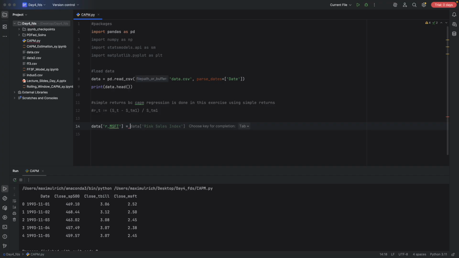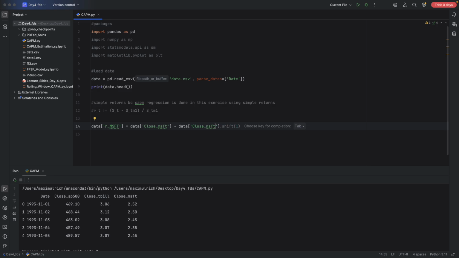Okay, and what is that? Now I'm simply calling elements in that existing table. How do I do that? First, the data is stored in my pandas data frame, data. So now I need to make sure I get the Microsoft column. It's called Close MSFT, and Close is in capital letters at the beginning. So close MSFT. Then I want to subtract the T minus 1 entry of the same thing.